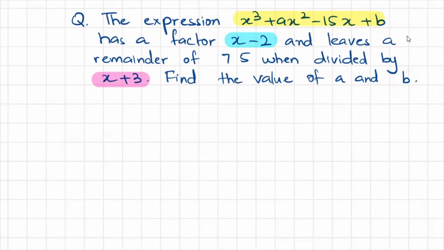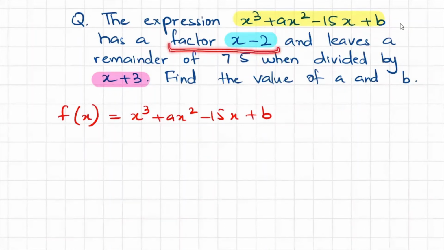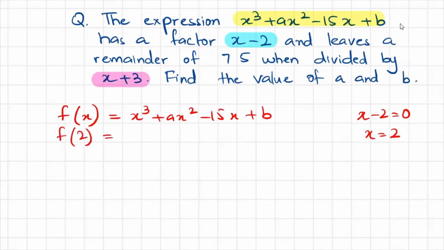First, let's write down the equation, which is f(x) equals x cube plus ax square minus 15x plus b. I will be using the first information which says it's a factor. So x minus 2 equals 0, you get x equals 2. I'm going to substitute this value: 2 cube plus a times 2 square minus 15 times 2 plus b.